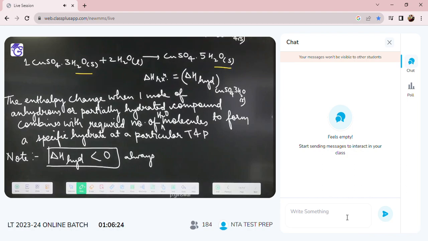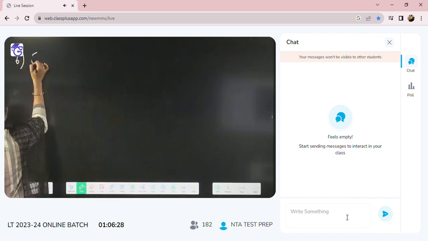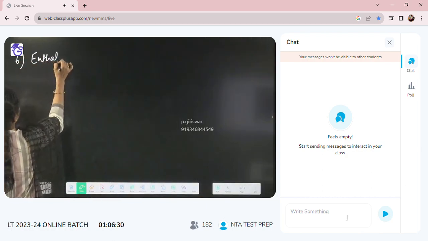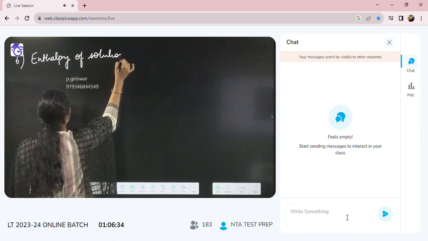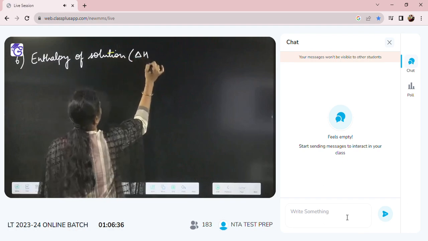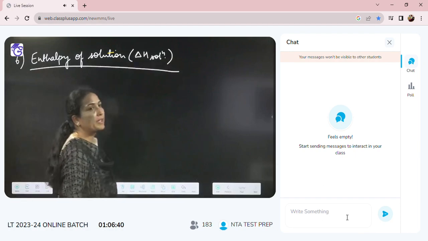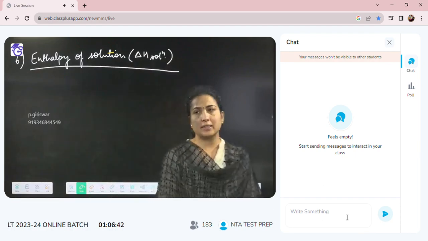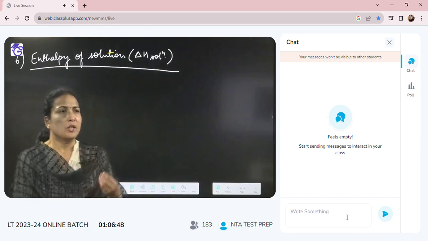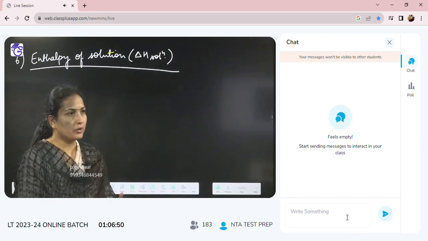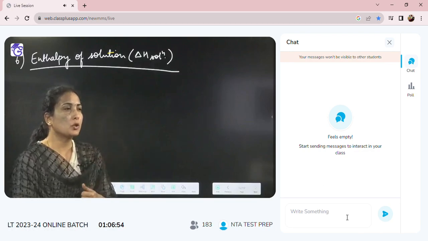Finished writing? Now let us go for enthalpy of solution here. So how do you make a solution? Basically, you have a solute, in that you keep on adding the solvent, right? When you start adding the solvent, there could be some heat changes or enthalpy changes which you will be able to observe.